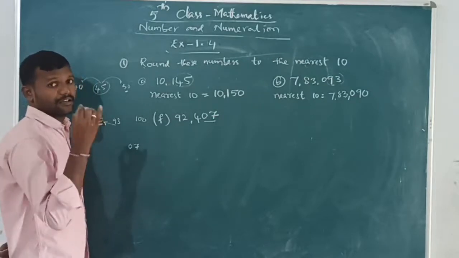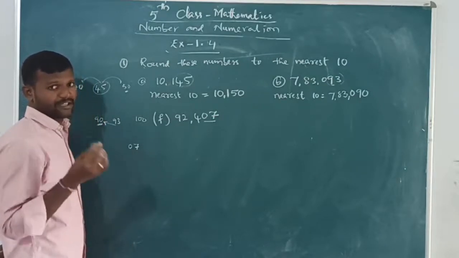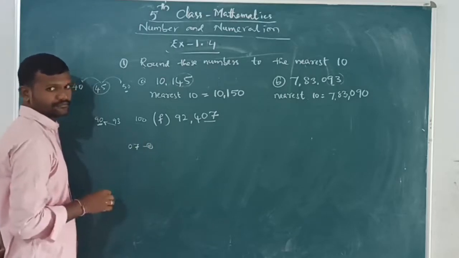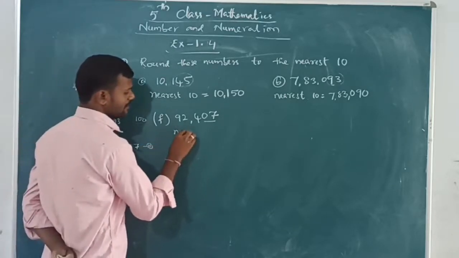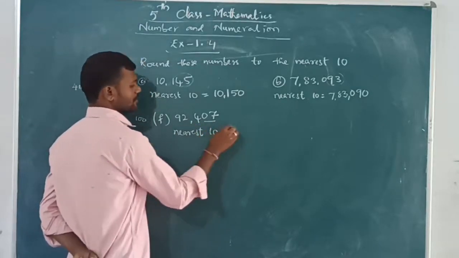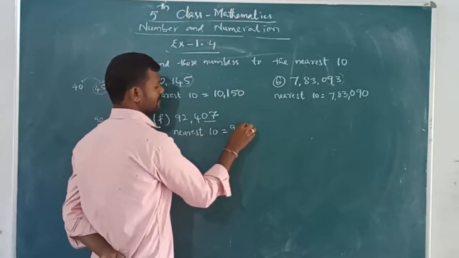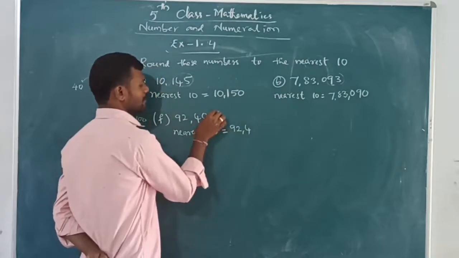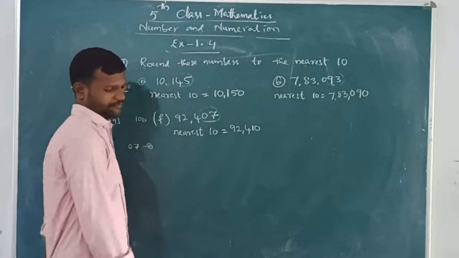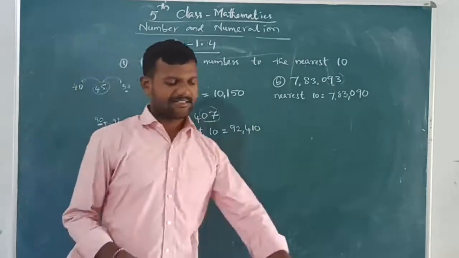Tens means what? 10, 20, 30, 40. 7 is near to which one? Only 10. So that's why what? Nearest 10. Nearest 10 is how much? 92,400. This is same, but this is nearer to which number? 10. Okay.